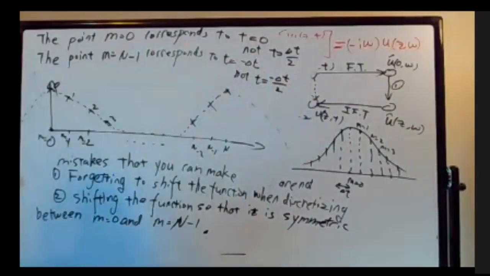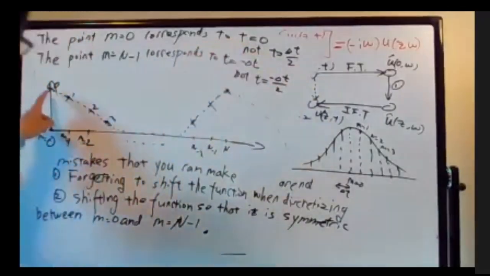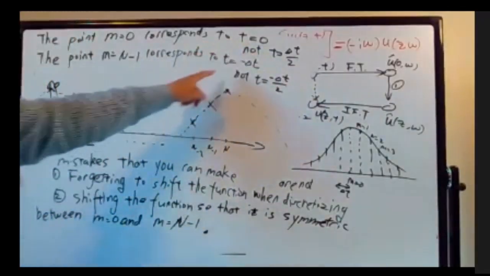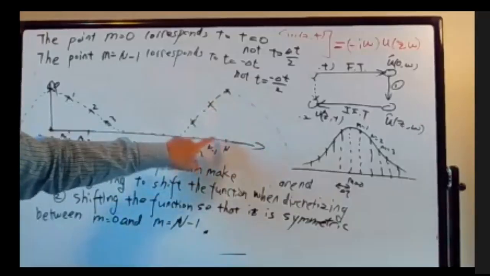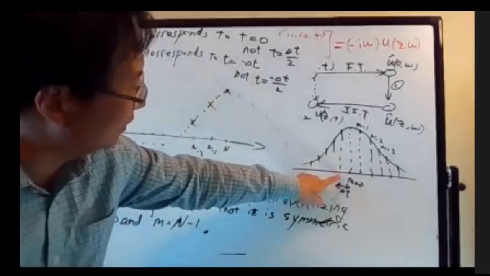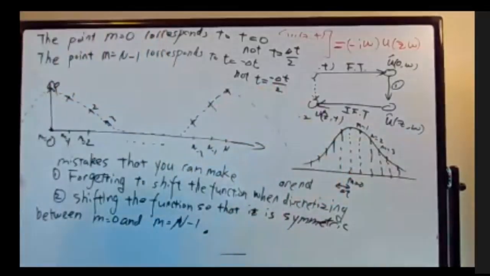All right. So 0 is the maximum, and at N minus 1, it is negative delta t. It's this point, right? It is not the half point, right?